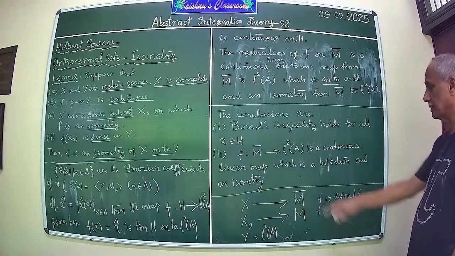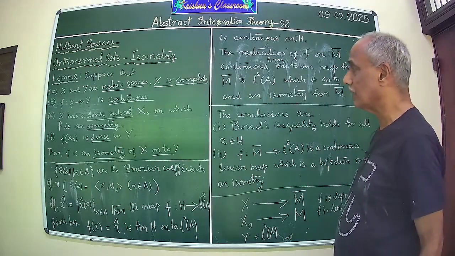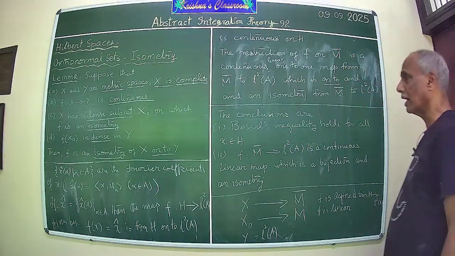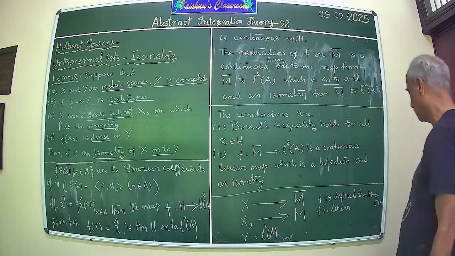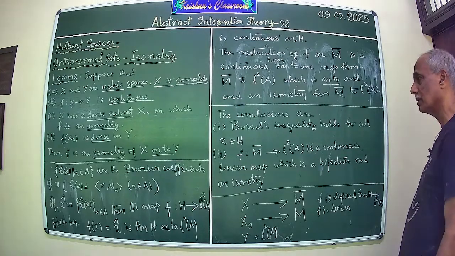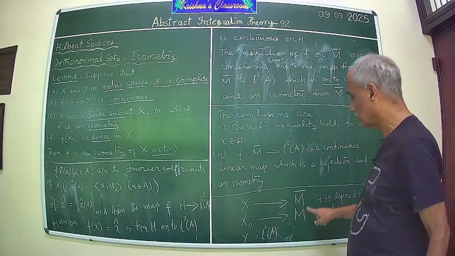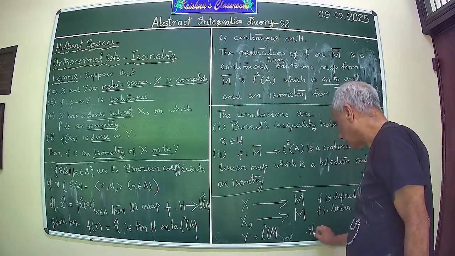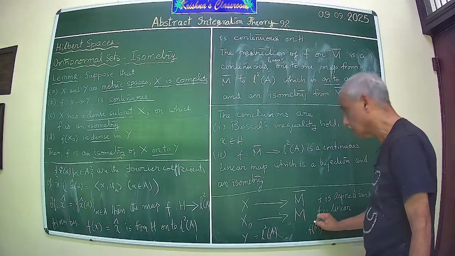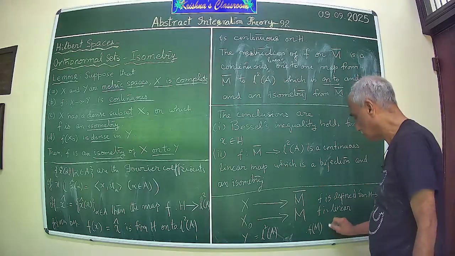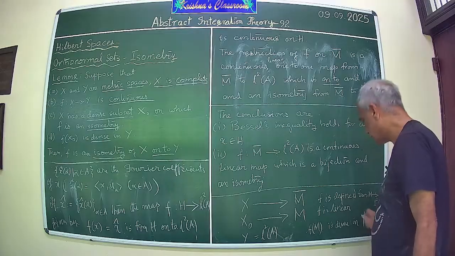Of course, M is dense in M closure. Then we have to prove that f of M is in fact the whole of that.